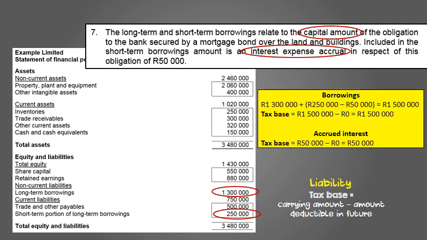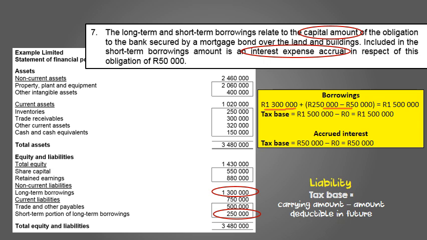With regard to the borrowings, we first have to determine the carrying amount. So we have the 1.3 million long-term borrowings, plus then the short-term portion, which will be the balance of 250,000 less the interest expense accrual. Therefore, the borrowings amount itself will be 1.5 million carrying amount.